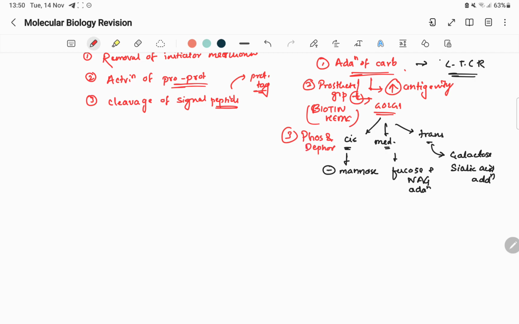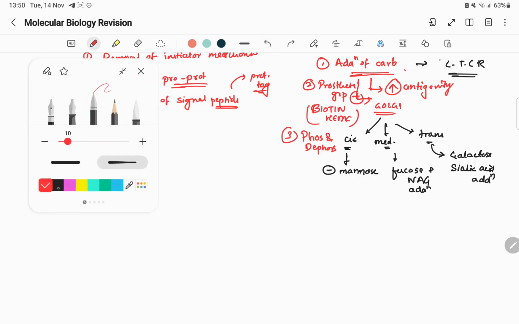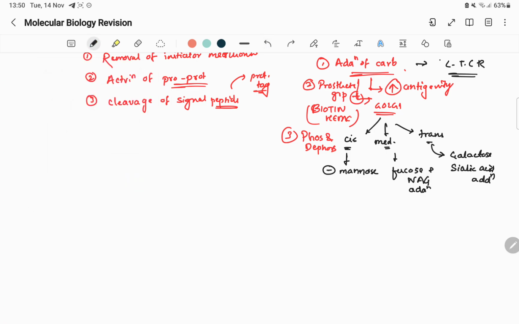You need to understand which enzymes are active in the phosphorylated state and which are inactive. For example, glycogen phosphorylase is active in the phosphorylated phase, and glycogen synthase is active in the dephosphorylated phase.